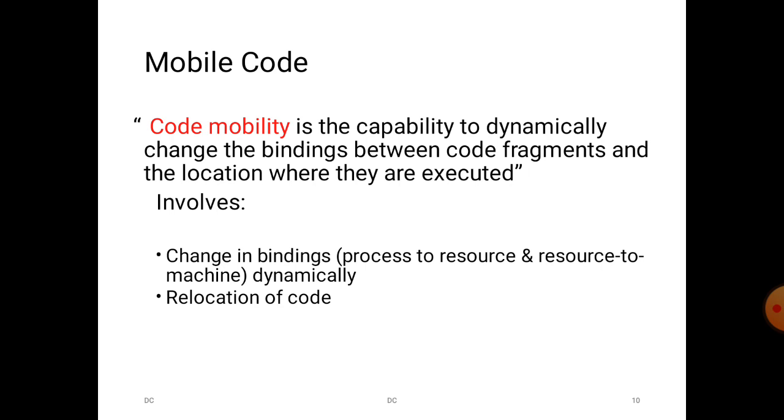We can allocate a process to a resource, or sometimes a resource to a different machine, dynamically. With time it can change, or based on the state it can change. First it is about binding, allocating where to go, then the relocation of code happens.